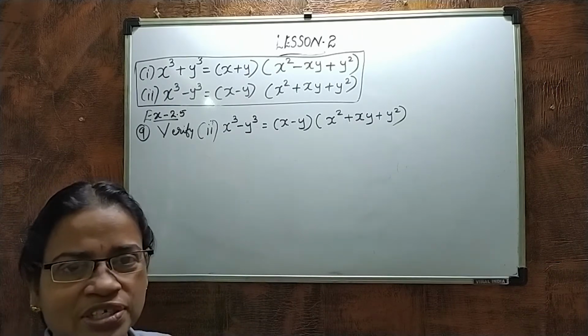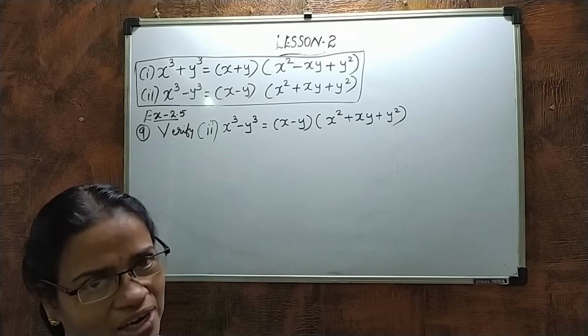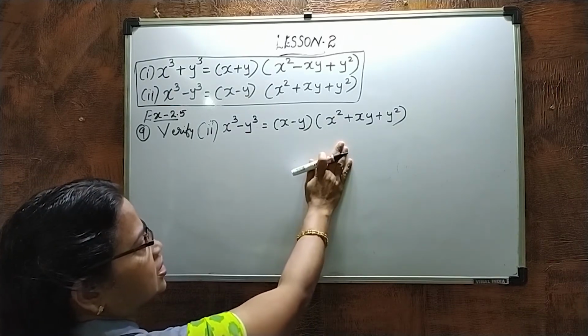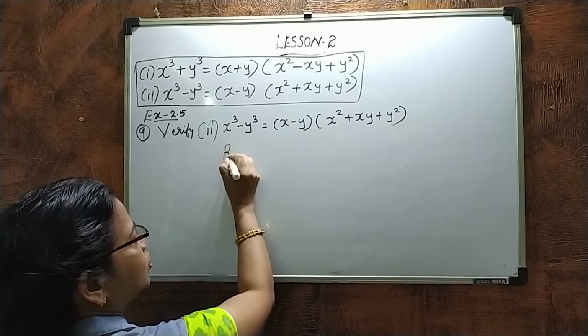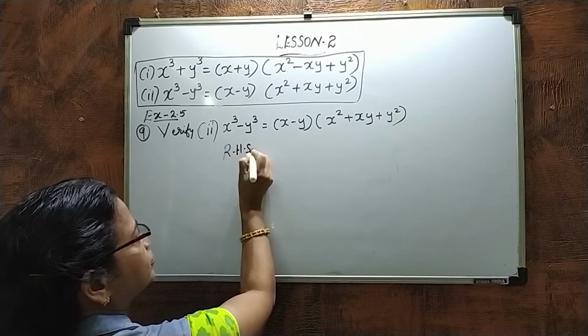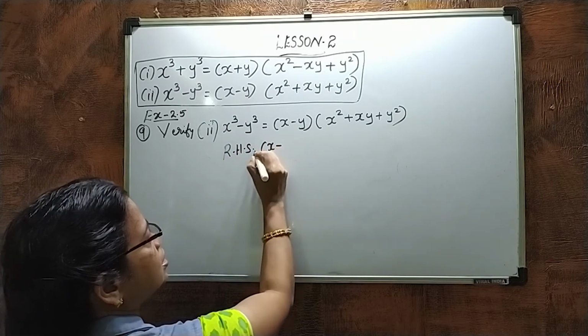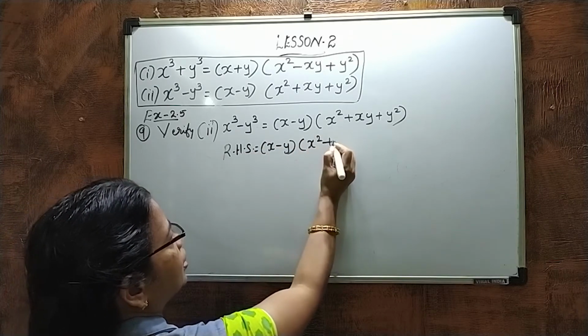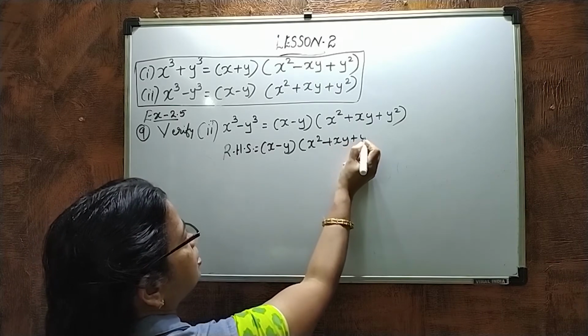What you have to do first? You have to take RHS. This one is LHS, here it is RHS. RHS equals x minus y into x square plus xy plus y square.